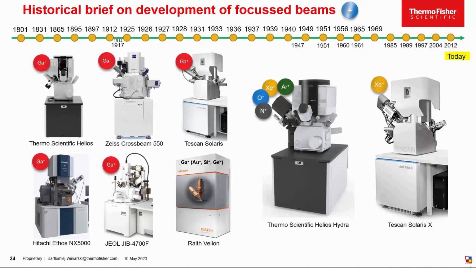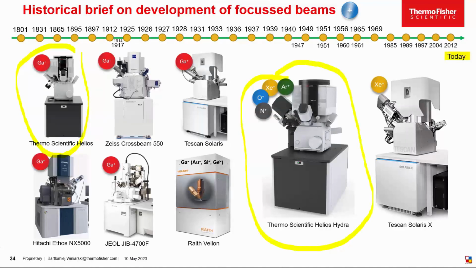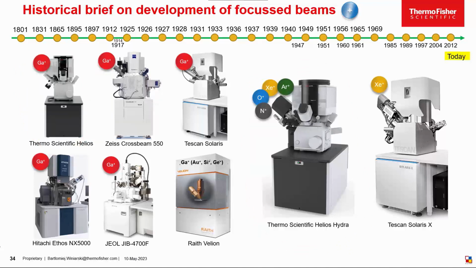Today, the following list of top-of-the-line FIB-SEMs are commercially available from various electron microscopy technology providers. These platforms have different ion sources: liquid metal ion source, liquid metal alloy ion source, ICP, and ECR.